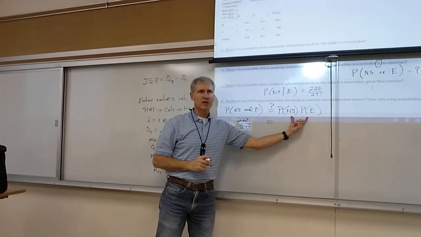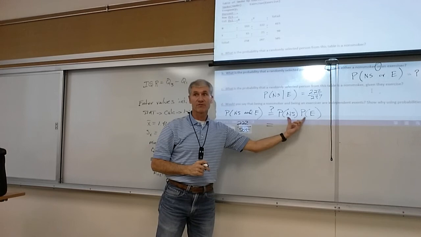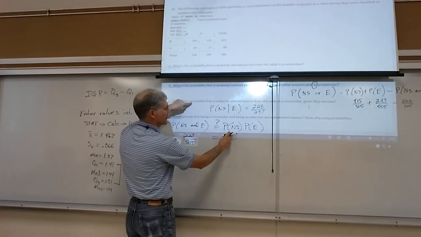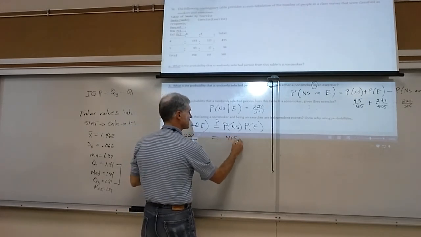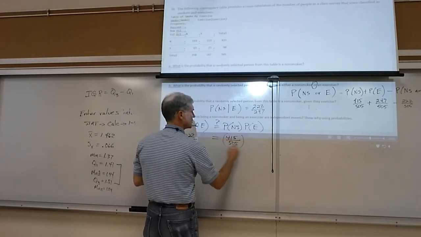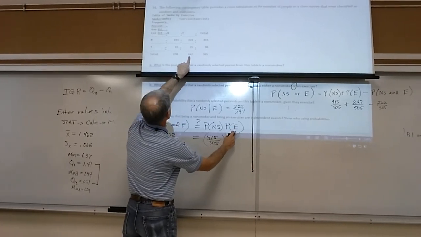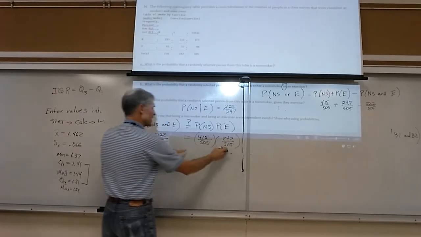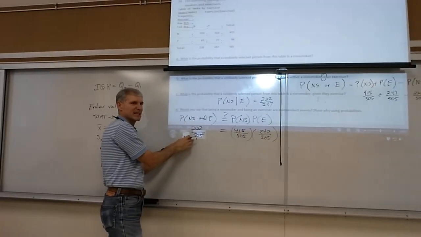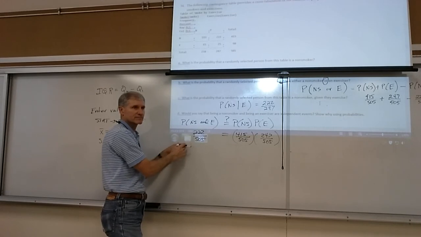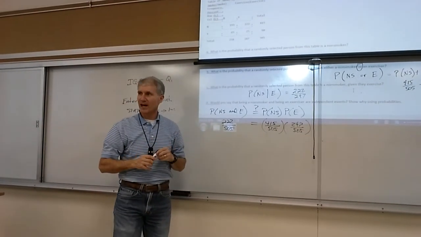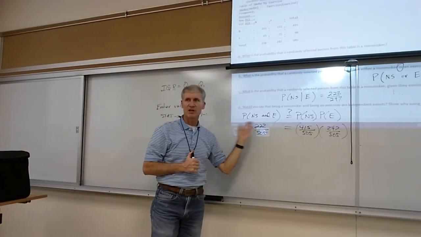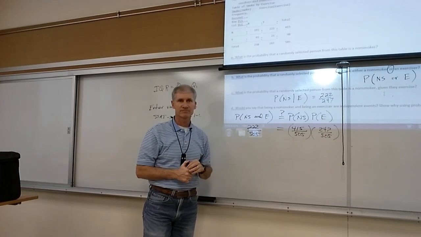This is how the multiplication rule works if they're independent. So if this works, they must be. So probability of non-smoking, we already did that one. That was 415 out of 505. Probability of exercising we did earlier. That's 247 out of 505. Multiply those together and see if you get the same decimal that you get on this side. And I guarantee you will not get the same decimal. And so the answer is, hey, it didn't work, therefore they must be dependent events.